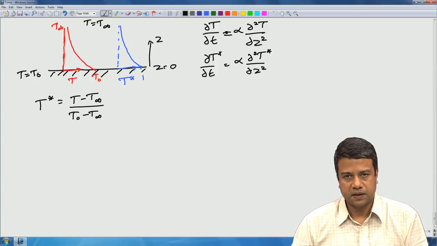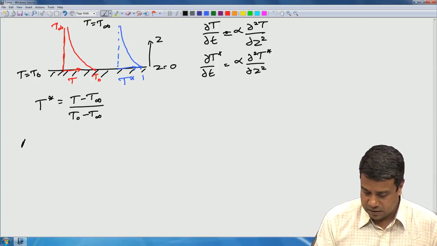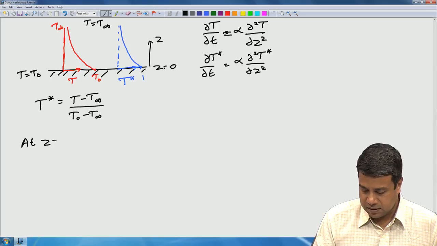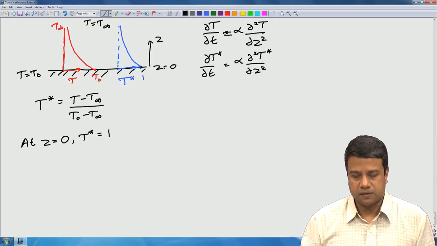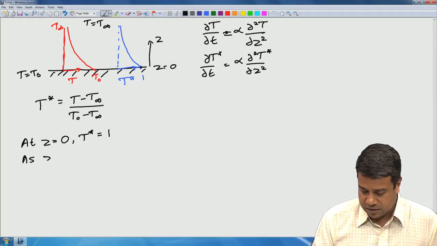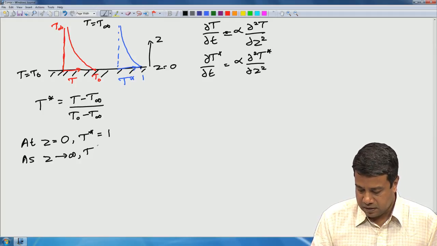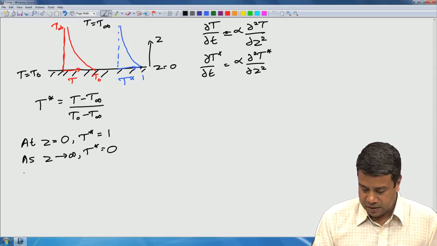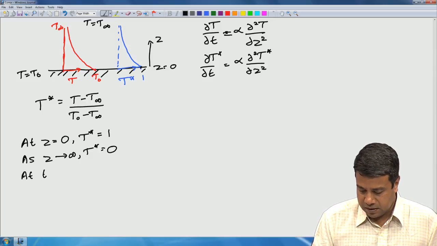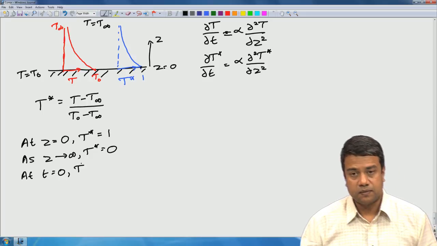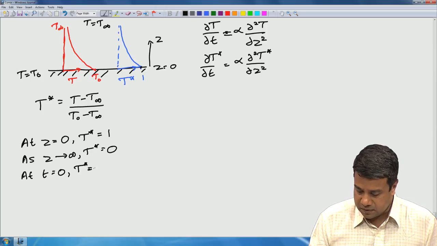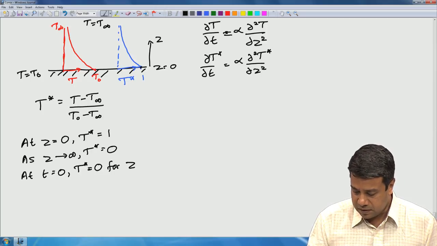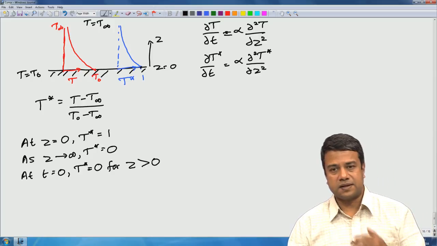And the boundary conditions: at Z is equal to 0, T star is equal to 1. I showed you that at Z is equal to 0, T star is equal to 1. As Z tends to infinity, T star is equal to 0, and at t is equal to 0, that is when we have just increased the temperature of this bottom plate, T star is equal to 0 for all Z which is not on this bottom surface.